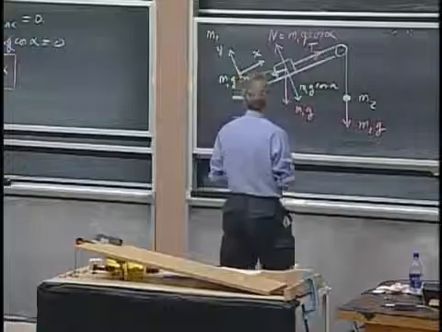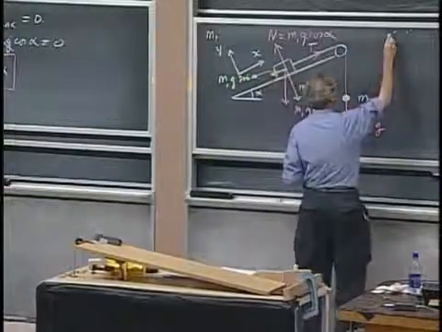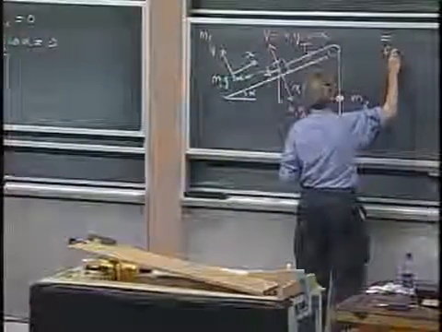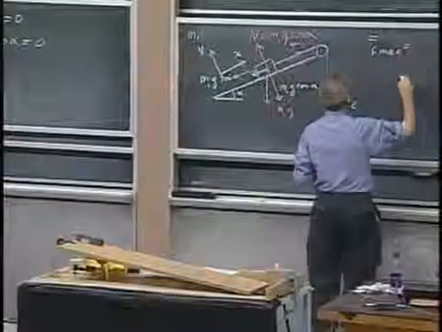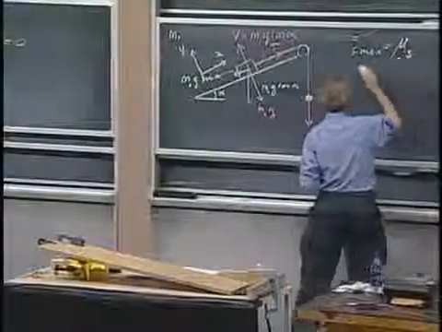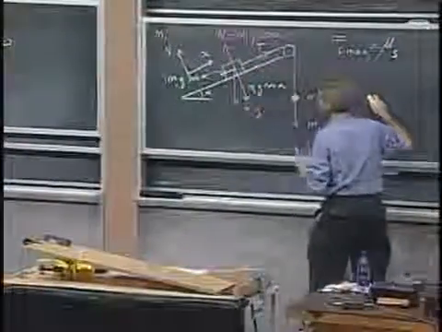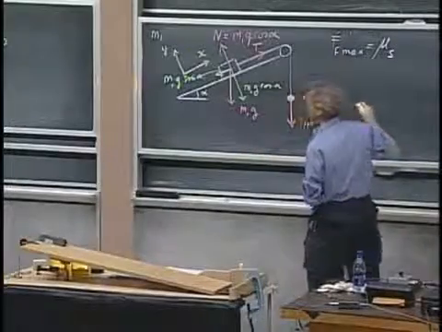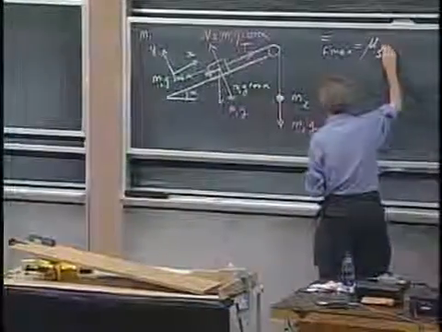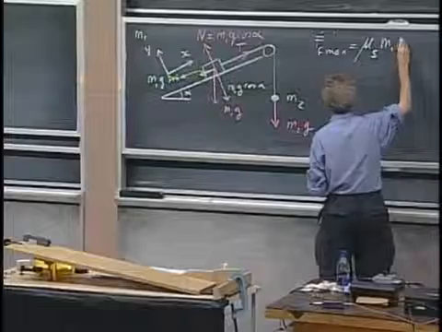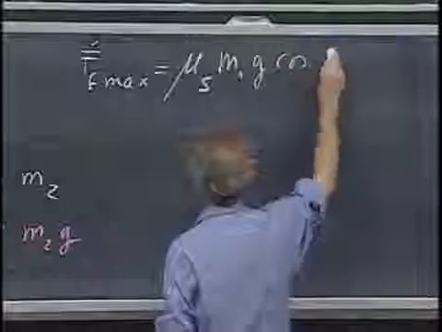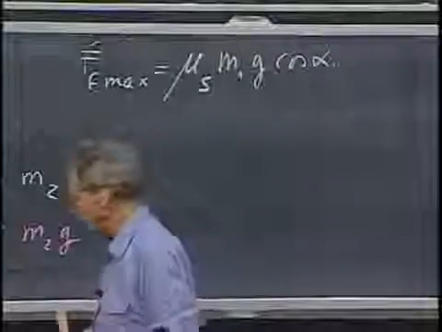The only thing I do know is that the maximum value of the friction will be mu static times n, which is what we had there. Remember, that's the maximum value that the friction can have, times m1 g cosine alpha. That I know.